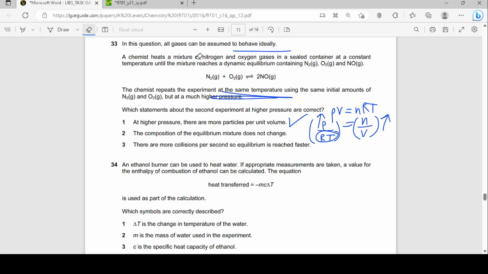Usually it depends on the number of moles of gas on each side, but the thing here is that you have 2 moles on the left side and 2 moles on the right side. So if you increase or decrease the pressure, the equilibrium concentration will still remain the same because there are the same number of moles on both sides. So increasing or decreasing the pressure will not change the equilibrium mixture.